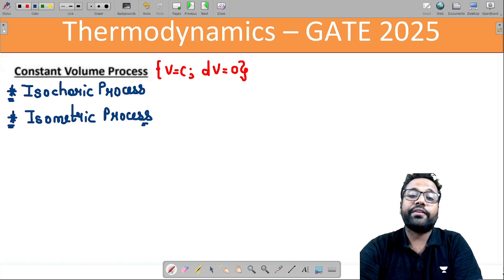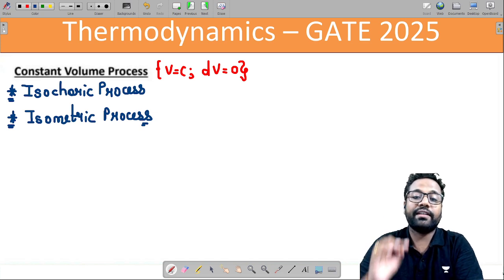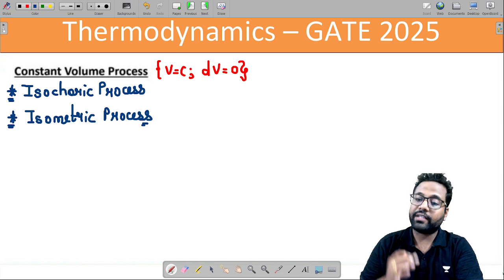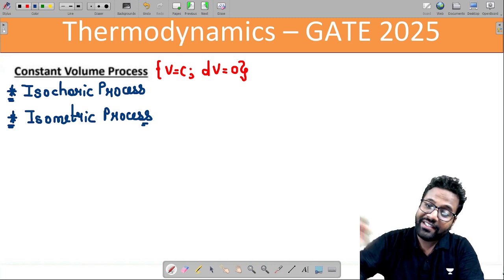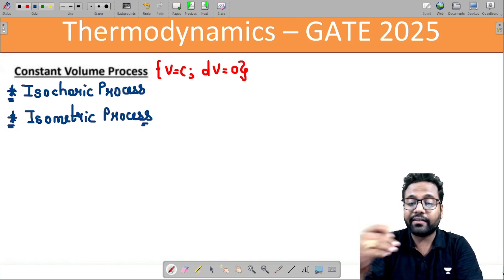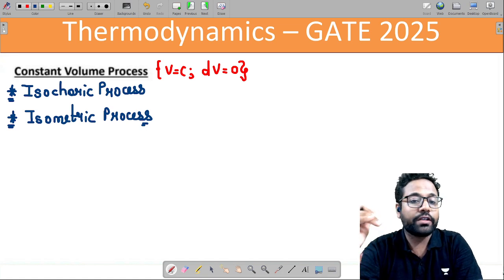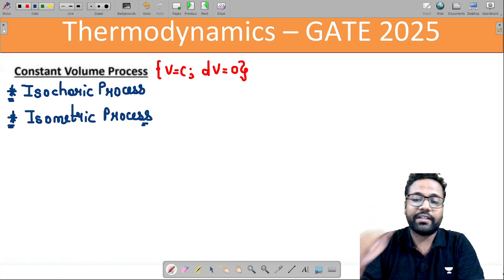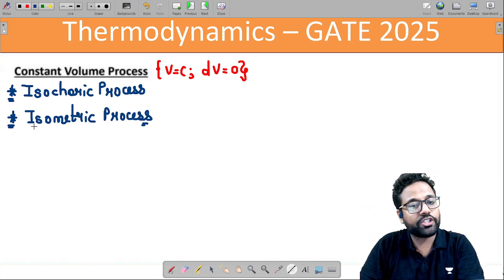Now bacha, let's understand how we can physically represent a process, because many times in the examination they will not directly say that this process is a constant volume process. I'll give you an example also after explaining the physical representation of the constant volume process.